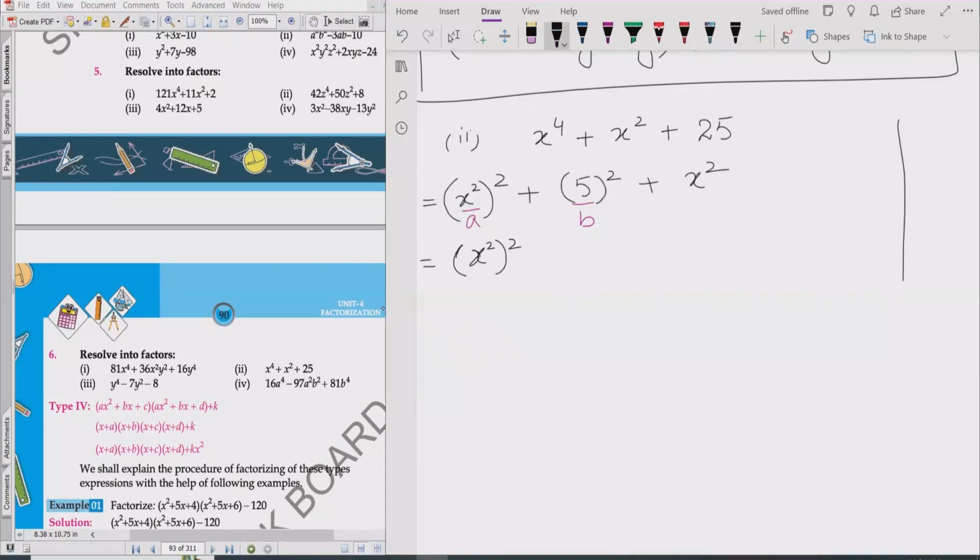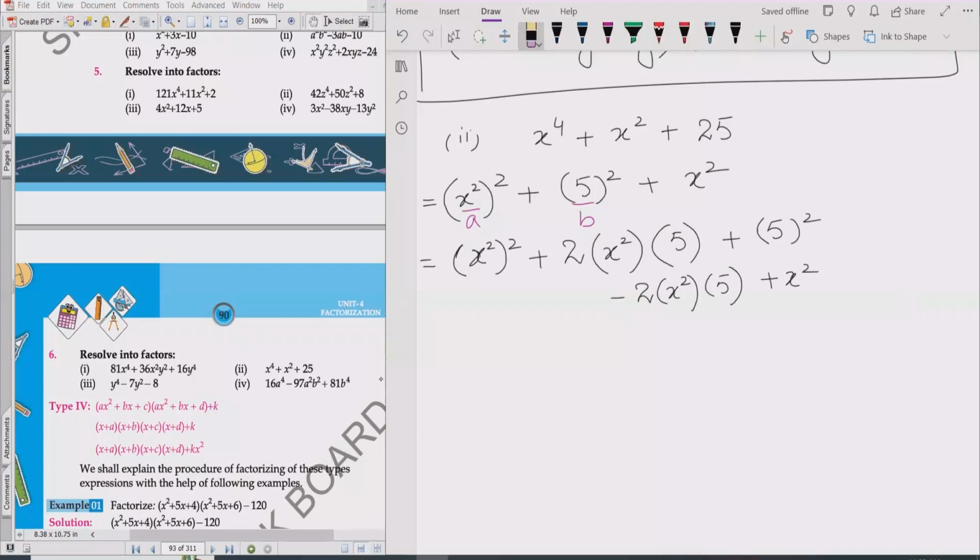x^2 plus, from the formula, a multiplied by b, then we have b^2. Again, we are adding this term, so we have to subtract the same term to balance this equation. So adding and subtracting 10x^2, because this term is 10x^2.